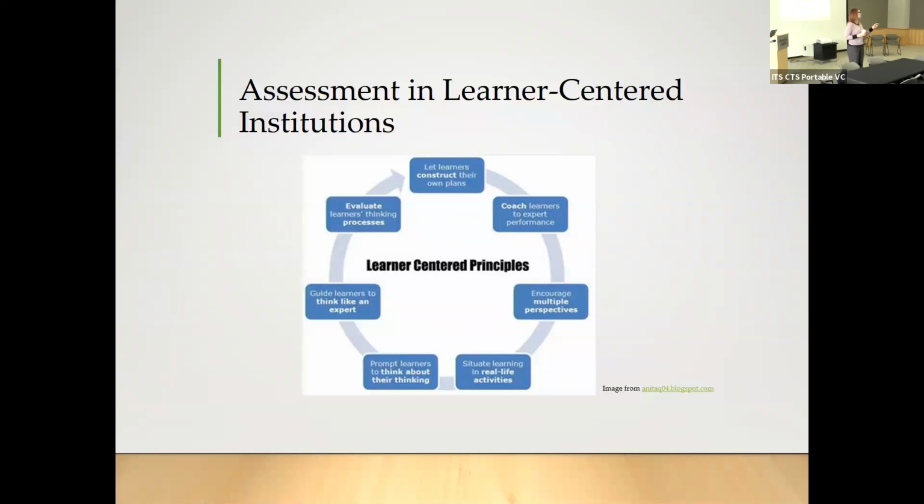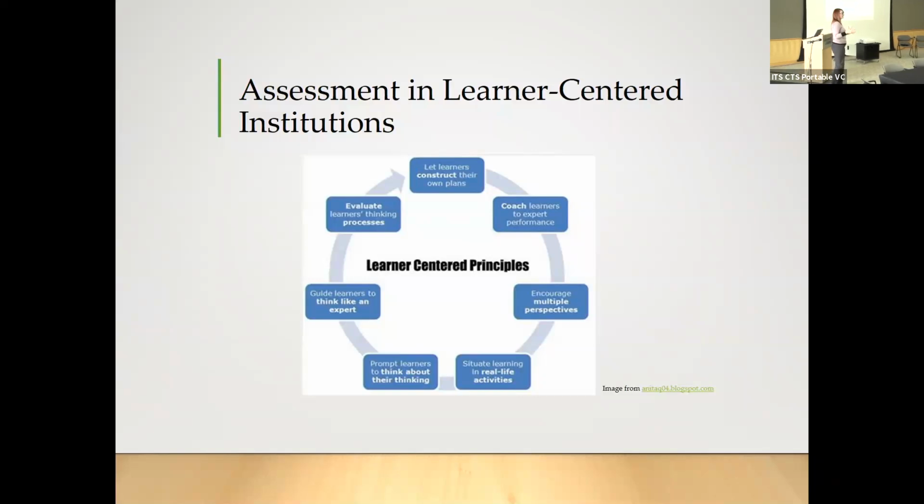The idea of capstone and authentic assessment and all of that comes into play as well. So I think it's really just a matter of shifting the perspective to learners constructing their own learning plans perhaps, coaching learners around the performance to expertise, encouraging multiple perspectives of course, situating learning in real-life activities, or that authentic assessment, prompting learners to think about their thinking.